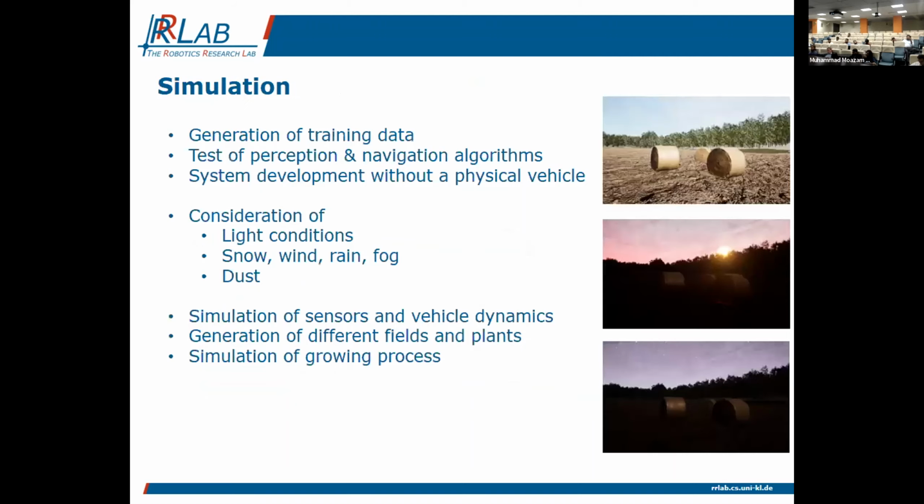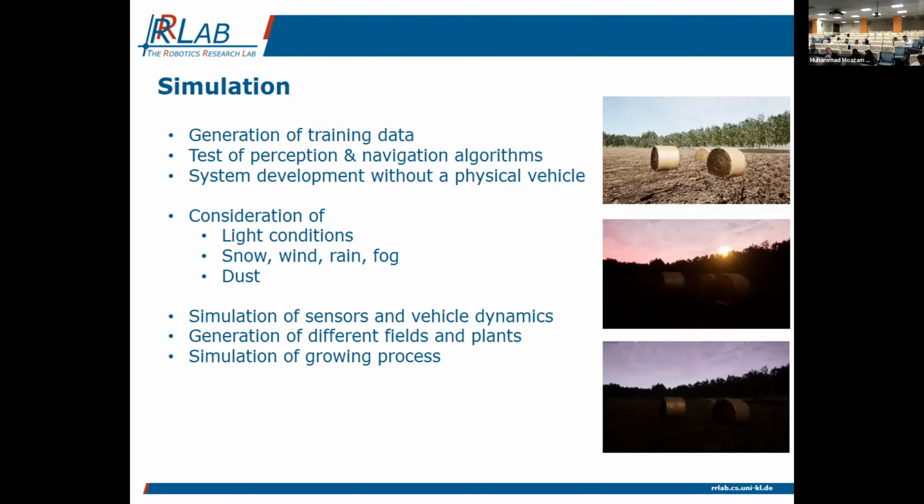So, and in parallel, we start simulating all the stuff. Like Professor Burns introduced, there are a lot of reasons why we are simulating, and here are a few examples of our simulation. For example, light conditions, and we are able to also simulate the weather, like snow, wind, and dust, and all these things, which we, of course, would not be able to take a look at if we did not have a really already built robot.